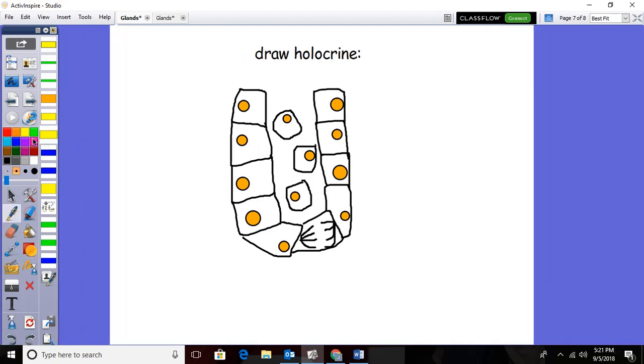Oops. Hold on. So we know these cells will have the secretory product, but notice what's in here. There's your secretory product. There's your secretory product. And so these cells are all going to have that. Oops, that shouldn't have been a line. Ignore that.